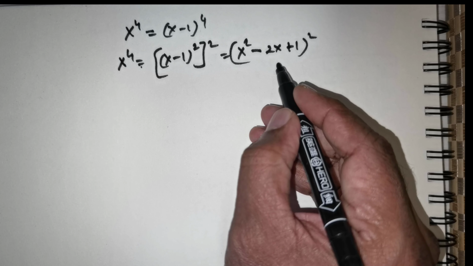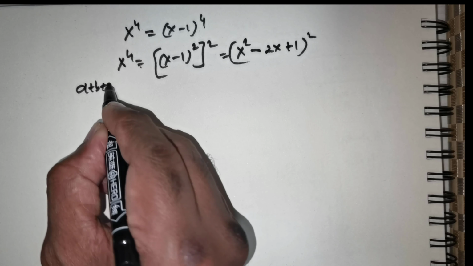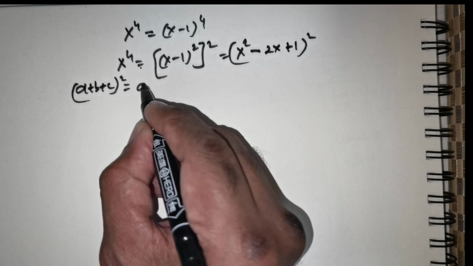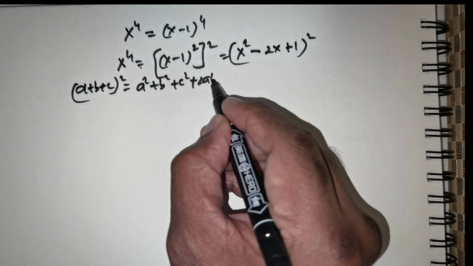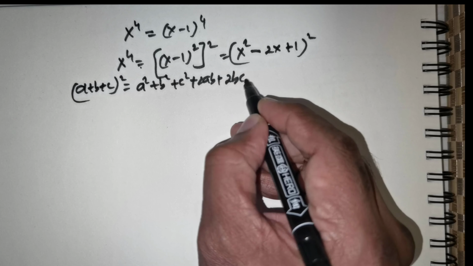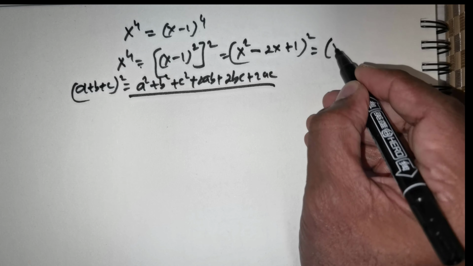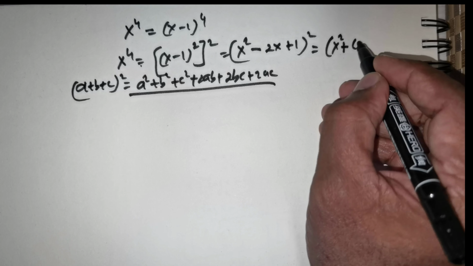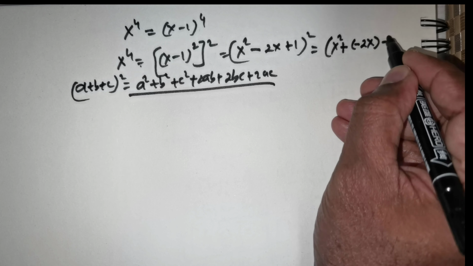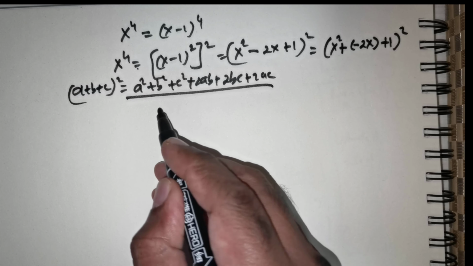I would like to use (a plus b plus c) squared, which is a squared plus b squared plus c squared plus 2ab plus 2bc plus 2ac. Now the only change I would do is rewrite this as (x squared plus (minus 2x) plus 1) squared, so that it's easy for me to handle the signs.